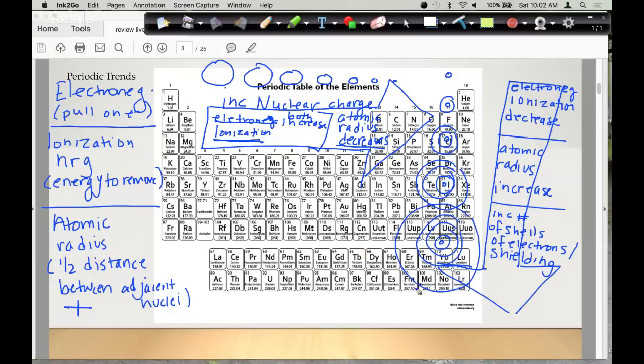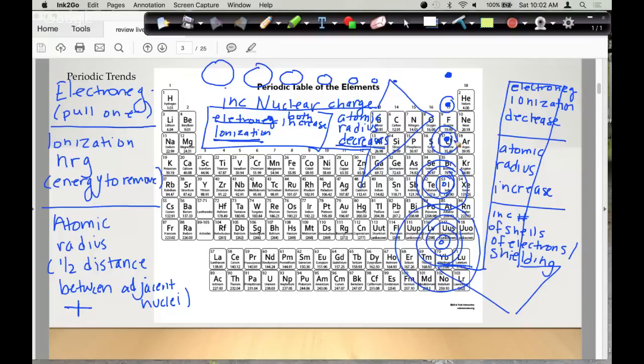So as we increase the number of shells of electrons going down a group, the positive protons in the nucleus become more and more shielded from the negative electrons out here. And as that shielding increases, the positive protons in the nucleus cannot hold on to the valence electrons as well.